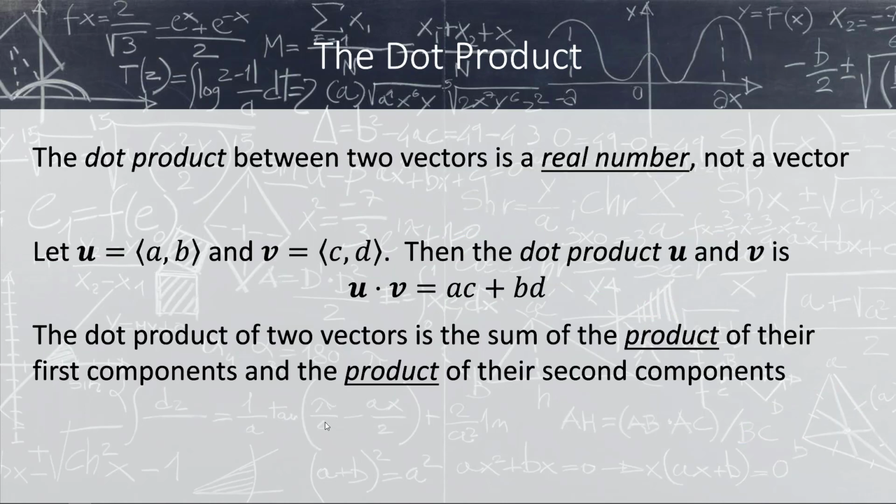Okay, so I said a lot about dot product. What is a dot product? Well, first thing is a dot product between two vectors is a real number. It's not a vector. And a dot product is defined as follows. If we let u be equal to (a, b) and v be equal to (c, d), the dot product of u and v is going to be the product of the horizontal components, or the first component, plus the product of the second component.